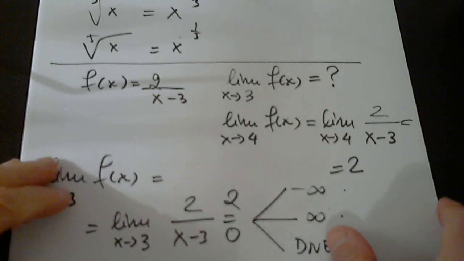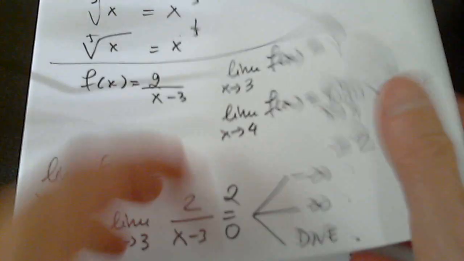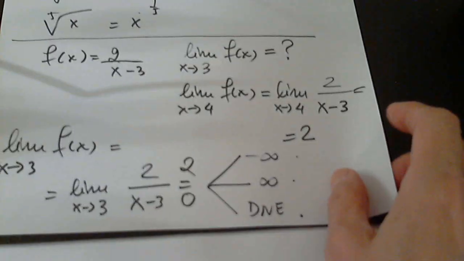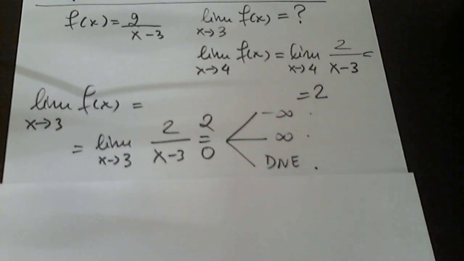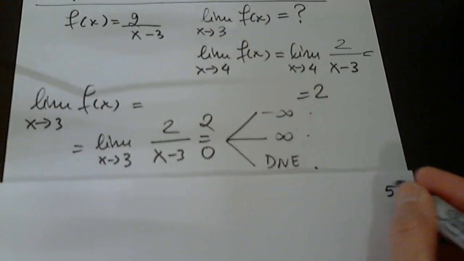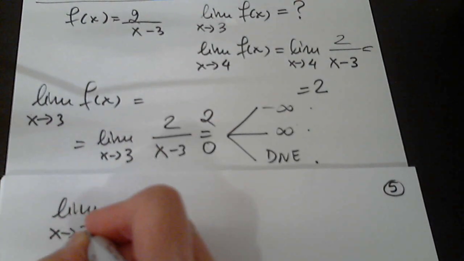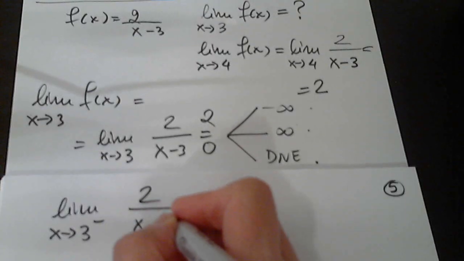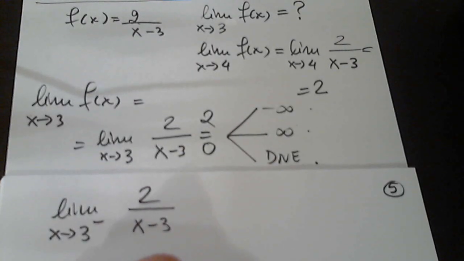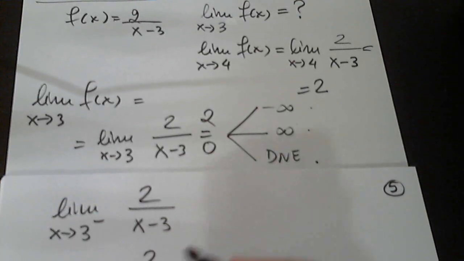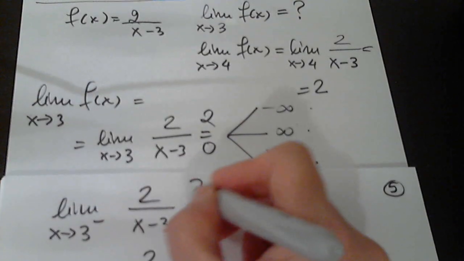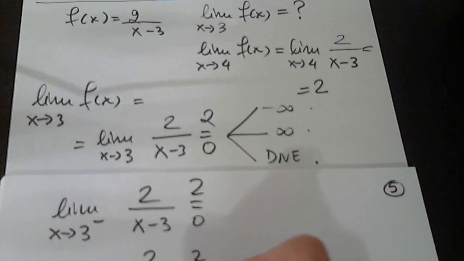So let's do just that. The limit as x approaches 3 from the left of 2 over x minus 3, and the limit as x approaches 3 from the right of 2 over x minus 3. Both situations are still 2 over 0.